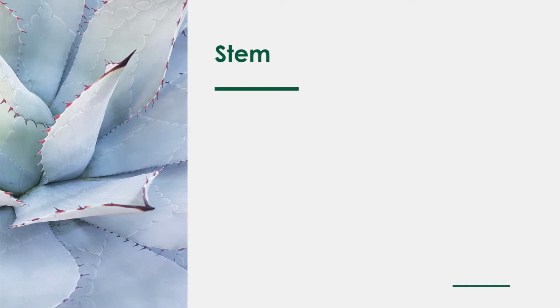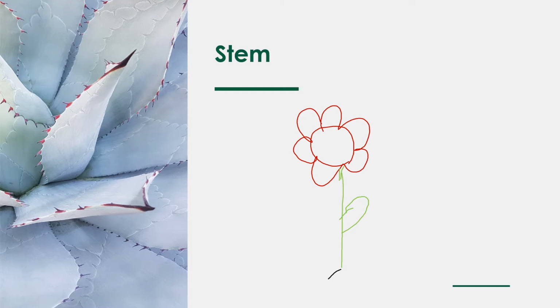Okay, let's have an overview of where the stem is located. So let's draw a flower. So I'm drawing my flower. Now I'm going to draw my leaves. Okay, so we're trying to locate our stem.